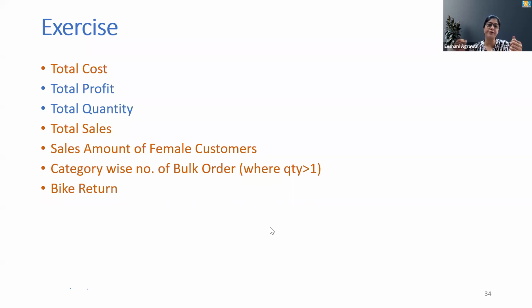That is the work of SUMX. And CALCULATE is simply working like a filter. It applies a filter and then gives you the calculated value. In SUMX, there is no filtering involved. It's just going to pick two or three fields, work on them, do an aggregation on top of the final output, and then return the value.